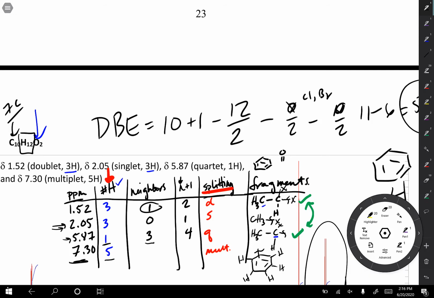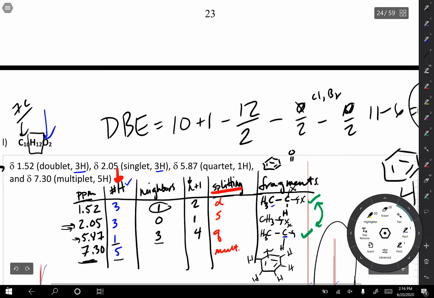We're not really sure. One thing we haven't accounted for, one thing I would look at here, how many carbons have we accounted for so far? Okay, so we have 1, 2, 3, 4, 5, 6, 7, 8, 9. There's 10 carbons altogether. What are we missing?